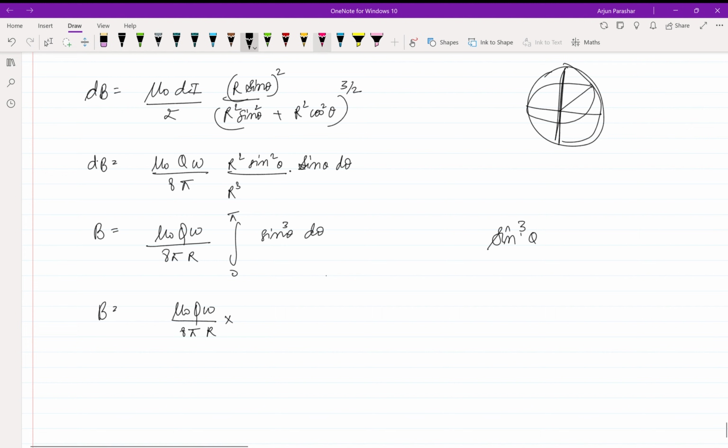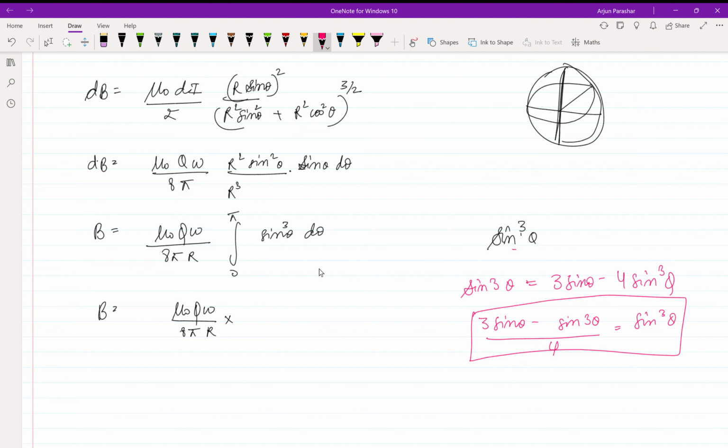So we very well know what sin 3 theta is. Sin 3 theta is 3 sin theta minus 4 sin cube theta. So we need sin cube theta, we'll just replace it here. So it is 3 sin theta minus sin 3 theta upon 4. It is equal to sin cube theta.